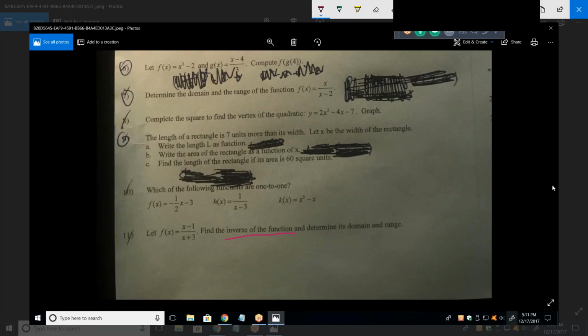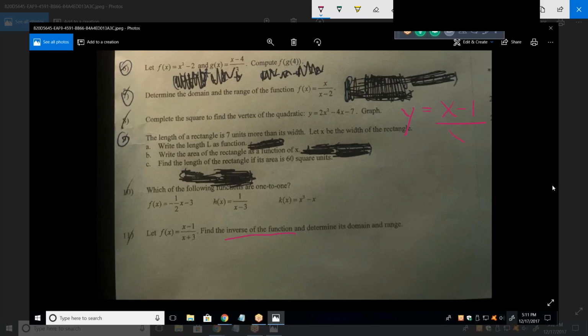Switch the variables first. Okay. And then solve for y. Okay. And when I say switch the variables, I really maybe should put a third step in there. Turn your f of x's to y's first, before you switch the variables.